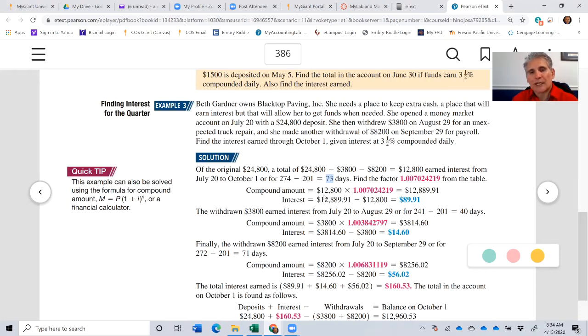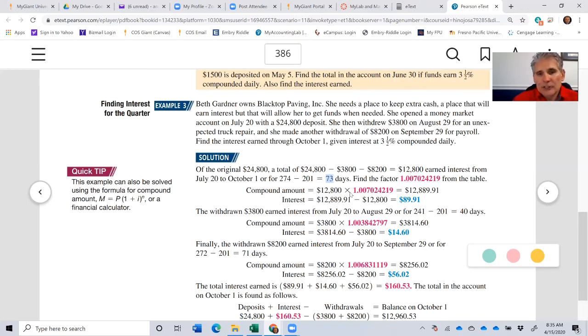We're going to multiply $12,800 times the 1.007024219, the factor, and we come up with a maturity value of $12,889.91. We can then subtract the amount that we know stayed inside the account the whole time, 12,889.91 minus the 12,800, which we computed up here. And on that $12,800, we earned $89.91.